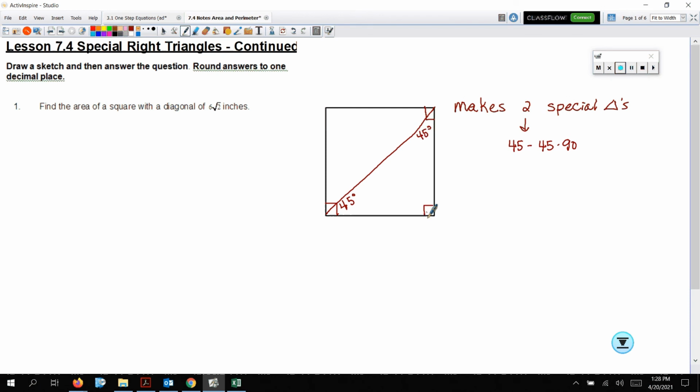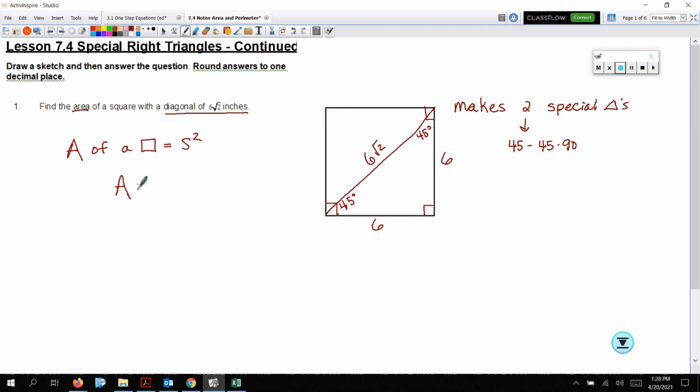It tells us find the area of the square with a diagonal that is 6 root 2 inches. If this diagonal is 6 root 2, to find the sides, we just divide by root 2 and get 6. Okay, area of a square is side squared, okay?